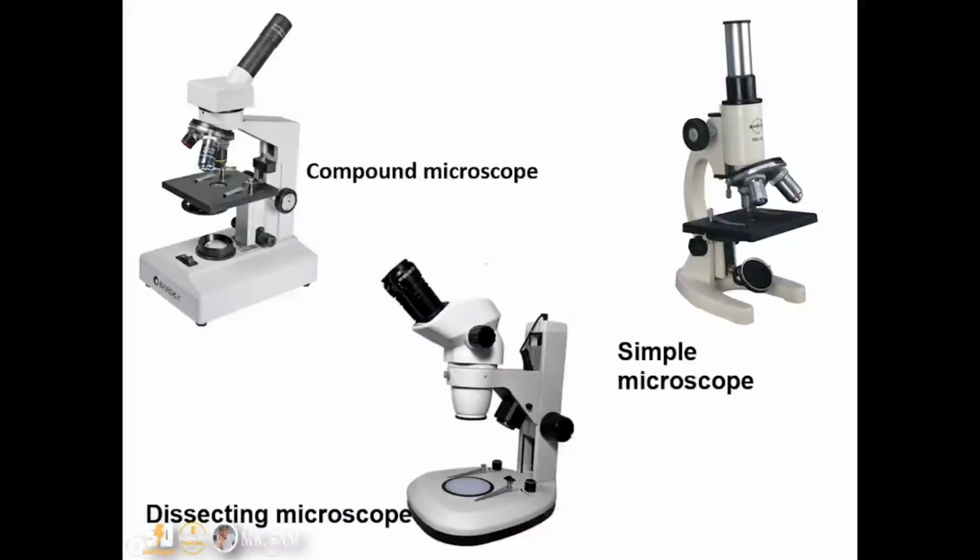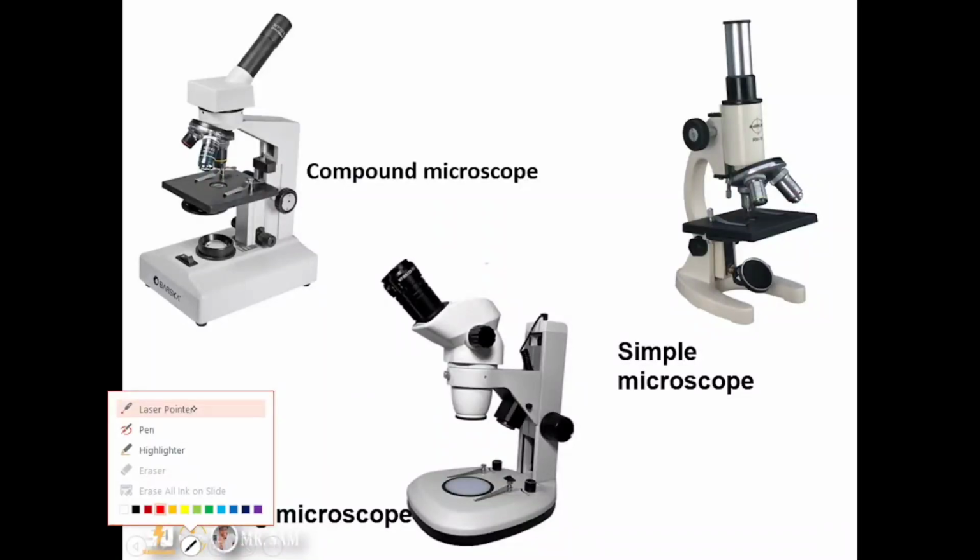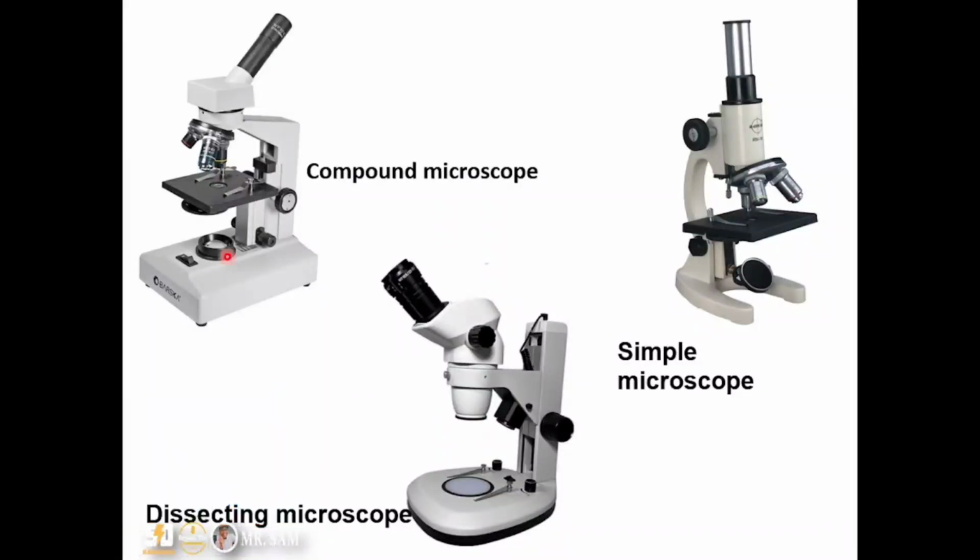This is the compound microscope, and this is a simple microscope. You can see this has a light source of its own, and this is a mirror, so you can always direct it to the sunlight and direct the light onto the stage. Then this is a dissecting microscope or a stereo microscope.